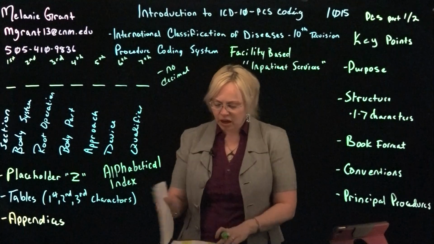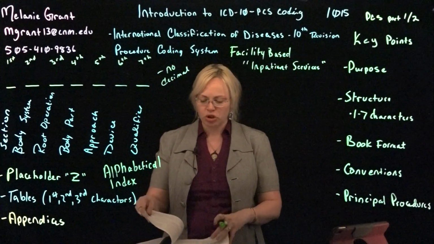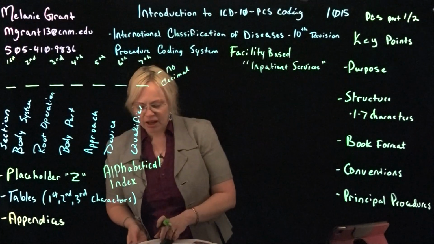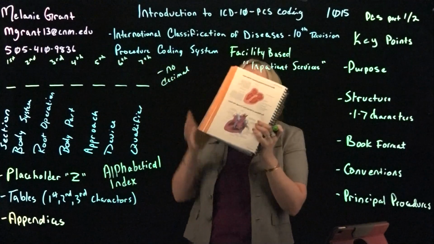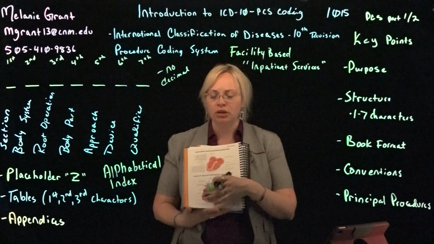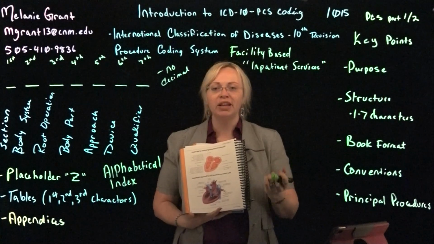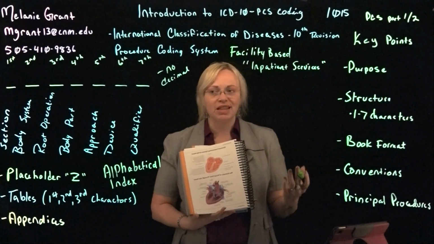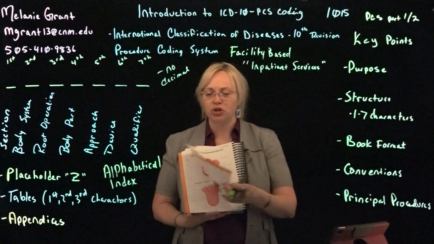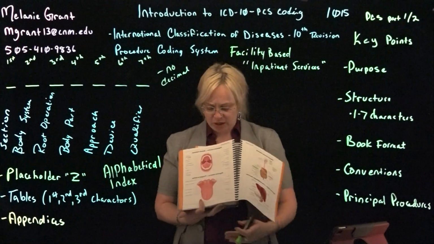Now, in the beginning of most PCS code books, sometimes at the end, it depends on the publisher, but in the version that we recommend for this class, we have several anatomical illustrations, which are very handy both for coders because they're labeled and give you all kinds of really great detail, but also for when you're taking your exam, because you'll find that there'll be an anatomical reference that you may not be familiar with, and you can come in here and look at these pictures in order to identify what part we are talking about.